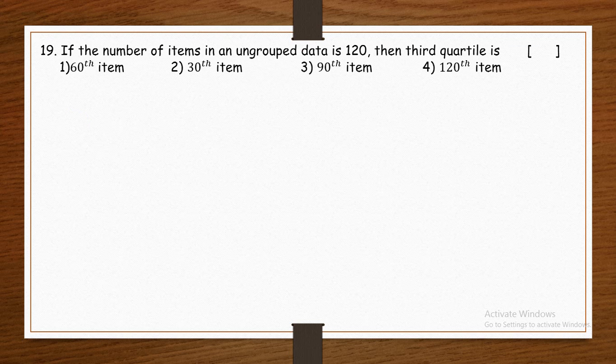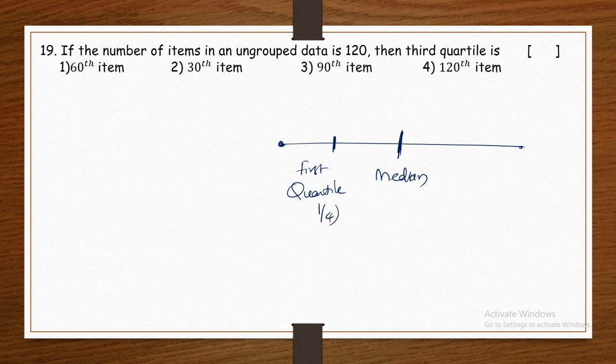See, if you have data distributed like this, the exact halfway is what we call the median, right? And if you consider the middle between the starting point and the median, this is called the first quartile. So first quartile means 1/4 part. This median is called the second quartile, which is 2/4 part, which is nothing but half.